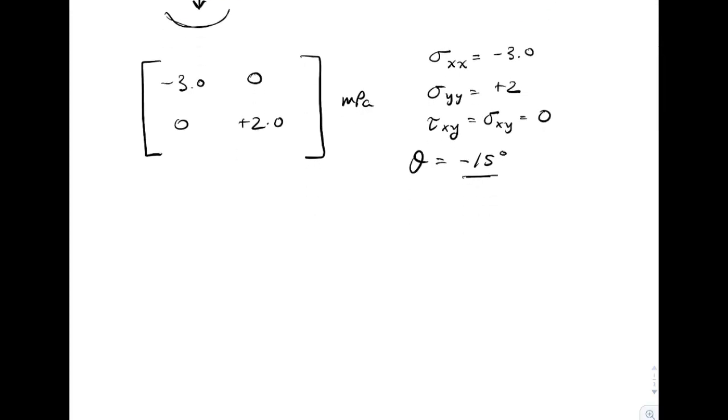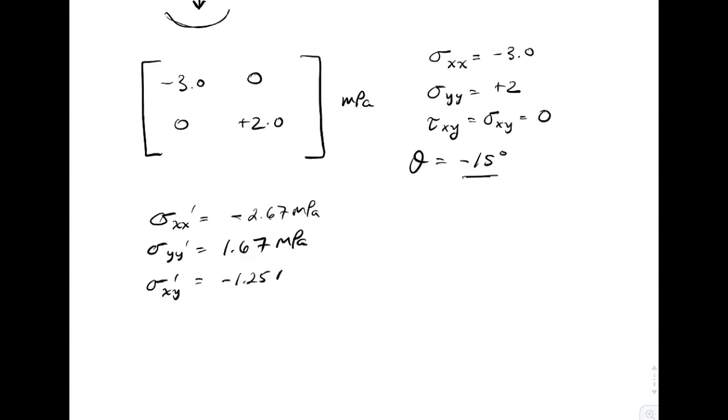If you did that, you would find that sigma xx prime would be minus 2.67 megapascals. Sigma yy prime would equal 1.67 megapascals. And we would now have a shear stress, and that would be equal to minus 1.25 megapascals.